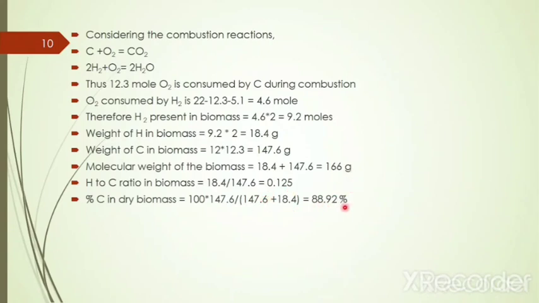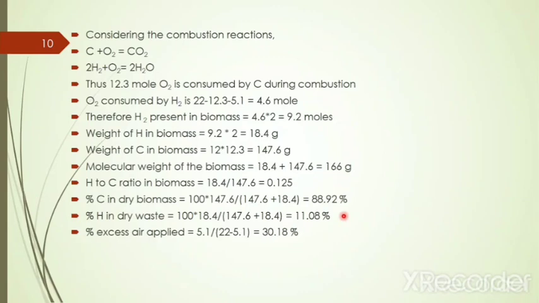It is 88.92 percent. So that much percentage of carbon is present in dry biomass, and the percentage of hydrogen in dry biomass is 100 into 18.4, the mass of hydrogen in biomass, divided by total mass, that is 11.08 percent.